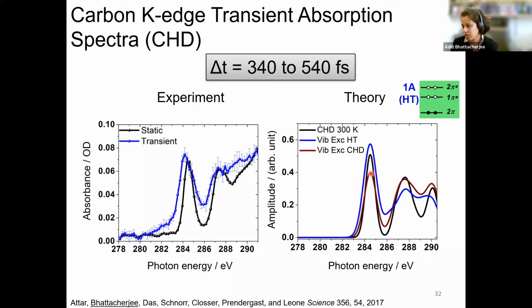So this is also captured in our non-adiabatic molecular dynamics simulations, where the brown spectrum is for vibrationally excited closed cyclohexadiene, and so this peak should drop in intensity, meaning that this increase in the oscillator strength that we observe in the experiment between 350 to 550 femtoseconds is indicative of the ring opening reaction. And then we were able to compare the oscillator strengths with computed oscillator strengths for this reaction and arrive at a branching ratio of about 60 to 40, 60 being in favor of the ring opening reaction.